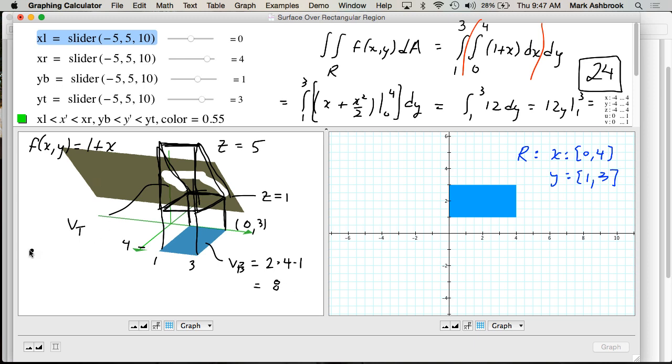Volume of the top triangle piece, T for top or T for triangle, it's going to be 1/2 times 2 times 4 times this height here, which is another 4.